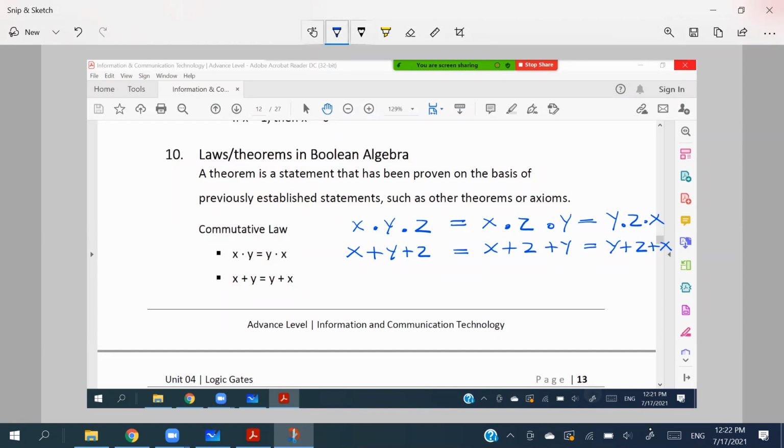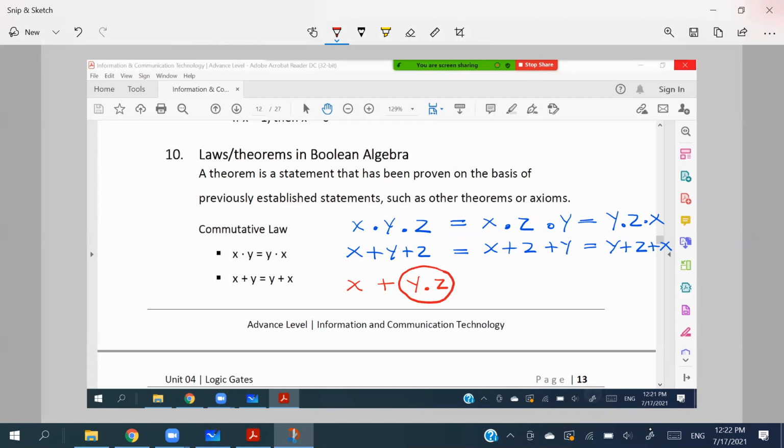But what are the things impossible here? If you have something like x plus y dot z, you can't toggle the operands on the two sides of the plus if one of them is bound with a dot operator.